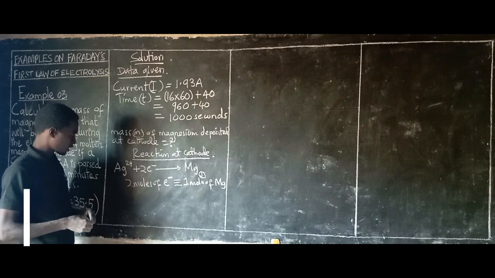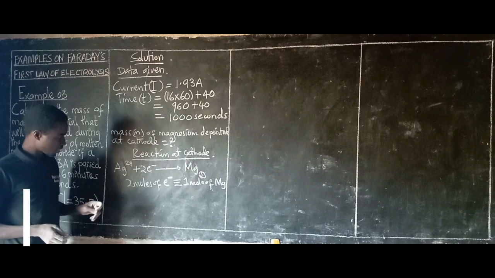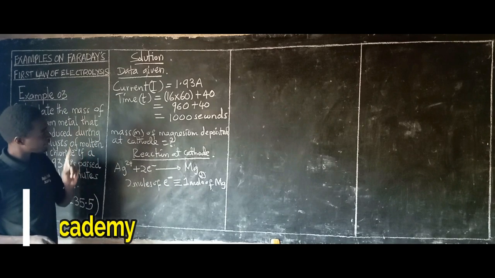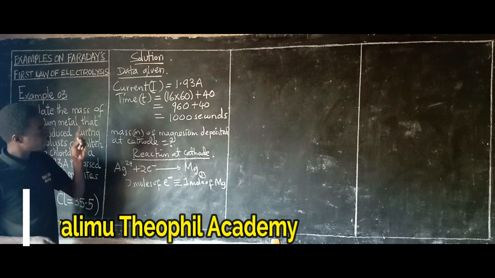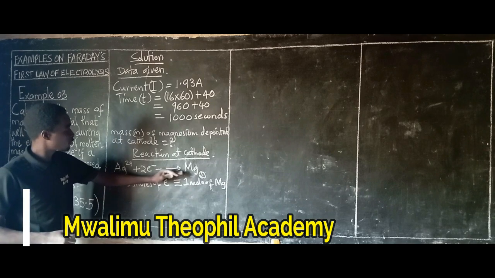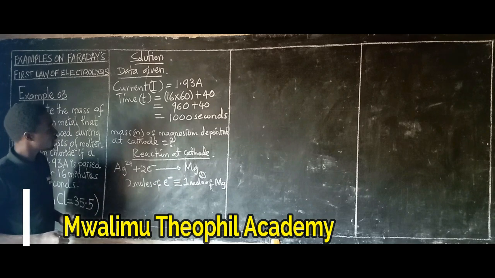So from these details, let us relate them with the given data. In the given data, we have time and current. Time and current are enough to give us the electric charge in terms of coulombs. So let us change the data we have from the standard equation in that direction.